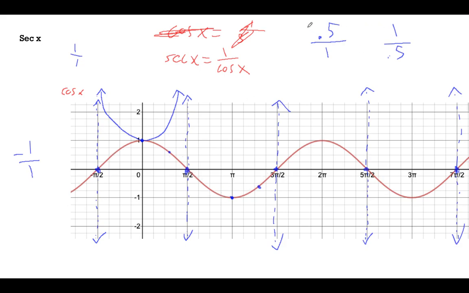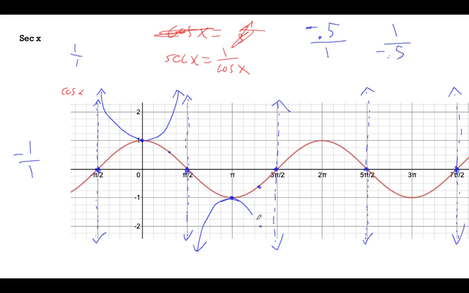If I picked negative 0.5, well, that would be 1 divided by negative 0.5, which would be negative 2. Okay? And so all these decimals that are smaller than 0 but not past negative 1, the reciprocal of that will be negative numbers less than negative 1. So on the negative end of things, it's actually going to be a downwards U.